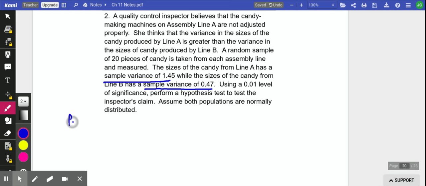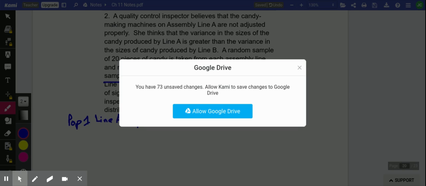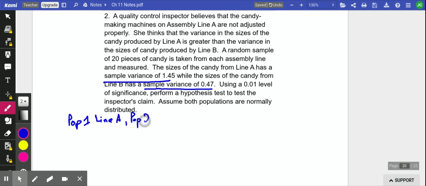So we want to define our population 1. Population 1 is going to be line A. And then population 2 is line B. So our null hypothesis, let's see, what are we trying to see?